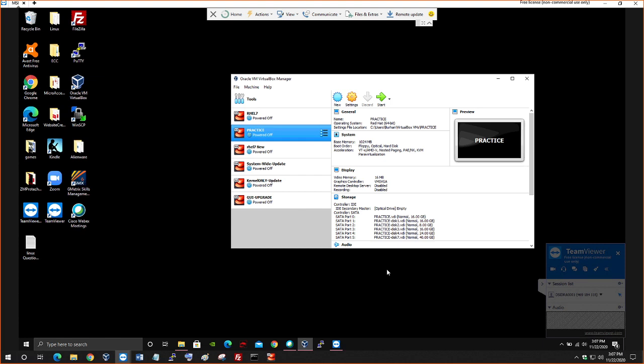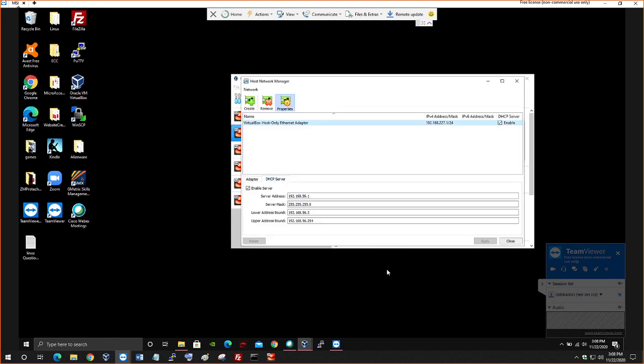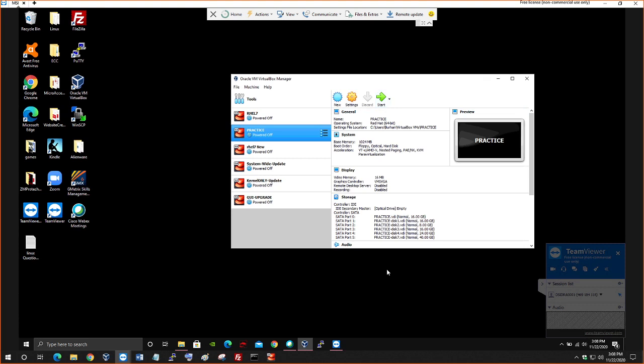Go into file, DHCP. Close this here. So now it may not work, so go ahead and restart this. Just click on practice and then select start.